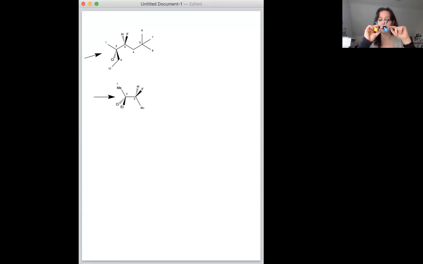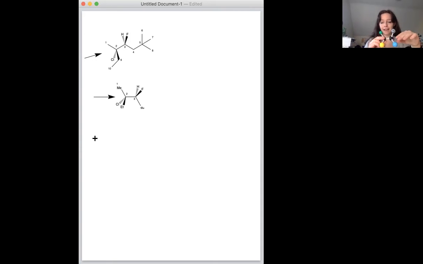And then I have chlorine going away from me or coming toward you. So it's dashed on the page. So that means when I hold up my model kit, I'm going to put it going away from me. So I know it's a little confusing because of the video. So our wedges and dashes are going to be reversed, but I want to show you how I would do this because you'll be looking at your model kit when you actually do this.